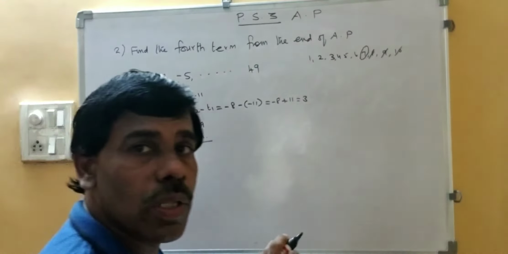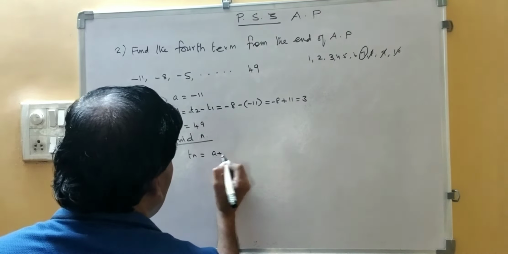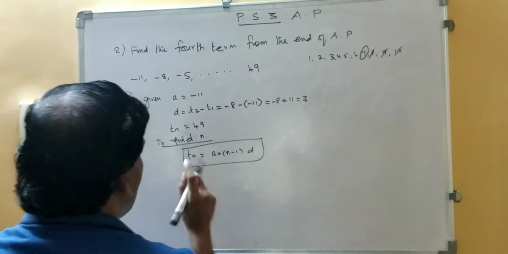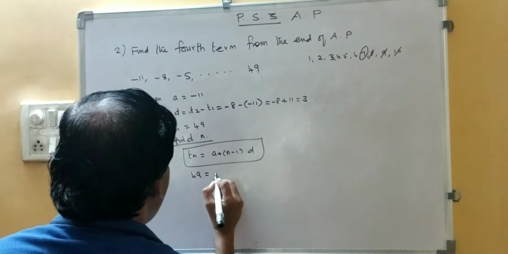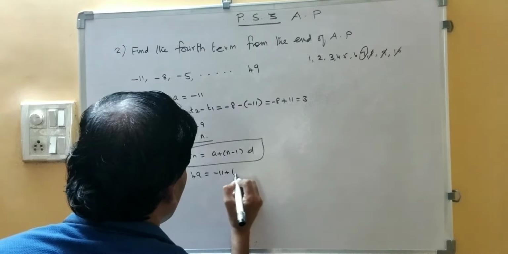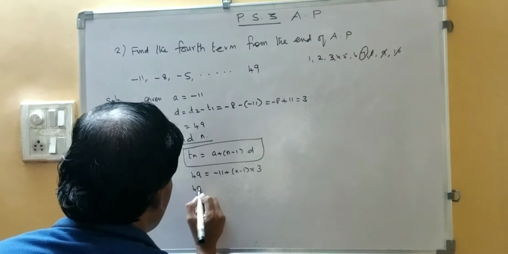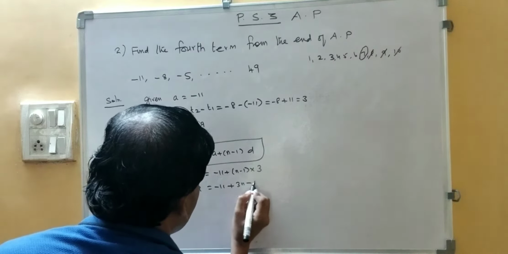So, how to find out the value of n? Tn equal to a plus n minus 1 into d. What is Tn? 49. What is A? Minus 11. So, n minus 1 into d is 3. So, 49 equal to minus 11 plus 3n minus 3.